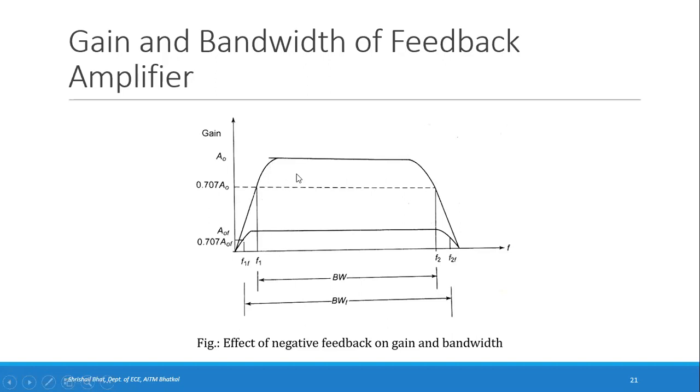So for the lower and higher frequencies, the gain will increase and decrease, but for the middle values of frequencies, the gain is constant. Those values are called mid-band, and the gain at the mid-band frequency is called the mid-band gain.